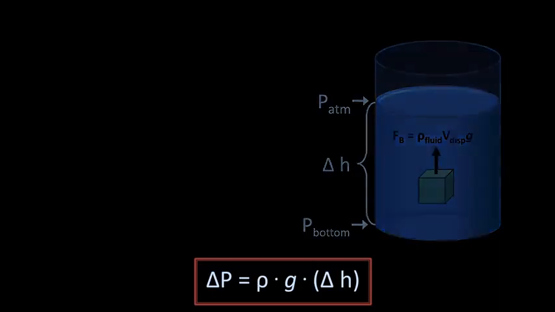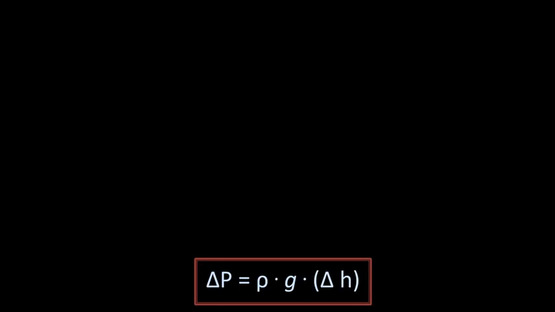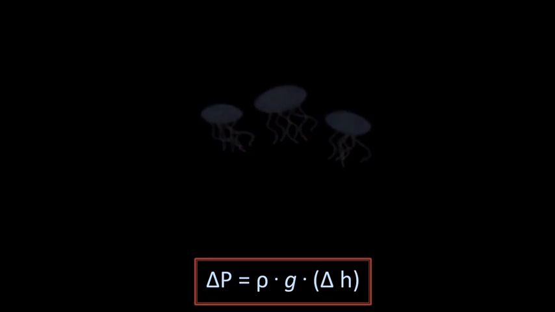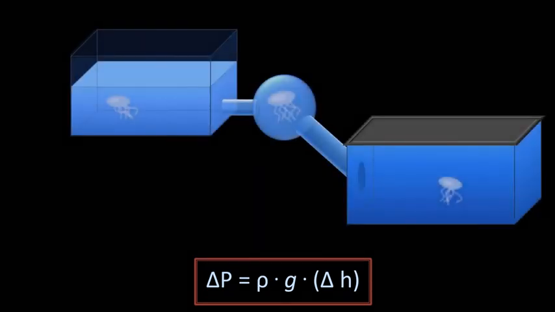An interesting consequence of this hydrostatic pressure equation, which may or may not be immediately obvious, is that the pressure at any given depth is independent of the shape of the container or the path that the pressure must be transmitted along. For example, I could have a collection of rare and exotic jellyfish that I want to display in my home, but to highlight their uniqueness, maybe I want to build an equally unique aquarium system in which to house them.